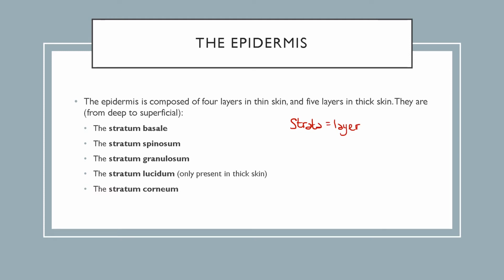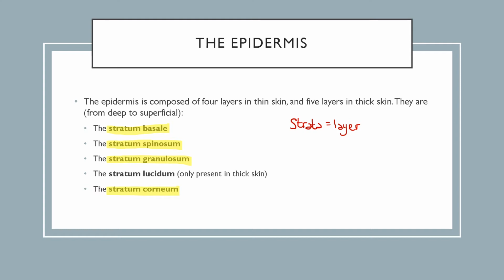These 4 strata are going to be the stratum basale, which is the deepest layer, the stratum spinosum, the stratum granulosum, and the stratum corneum, being the most superficial layer.